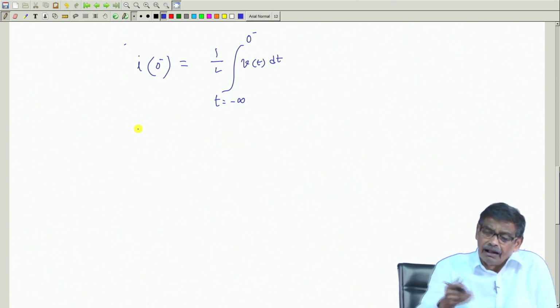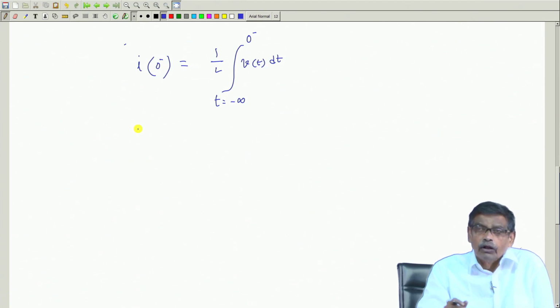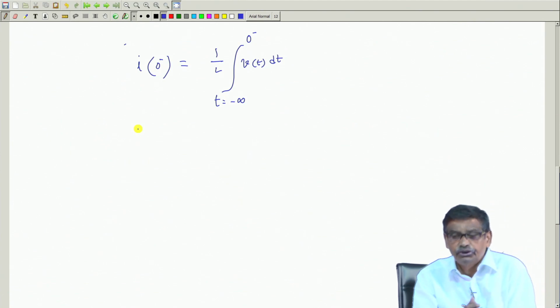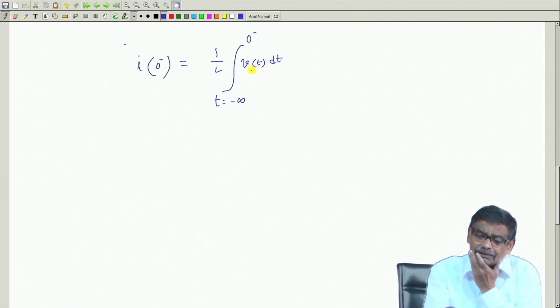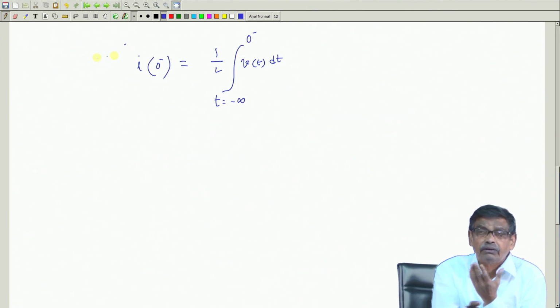Therefore, to solve the circuit from t equal to 0 onwards, as I told you, one may demand that I must then know what voltages you have applied before t equal to 0 minus. That is one thing.